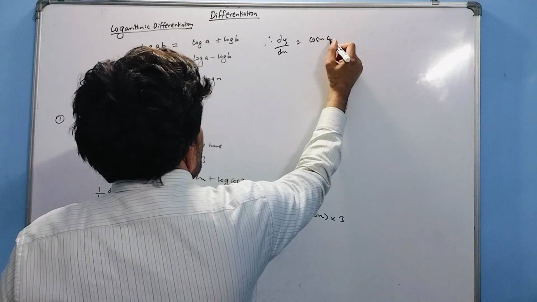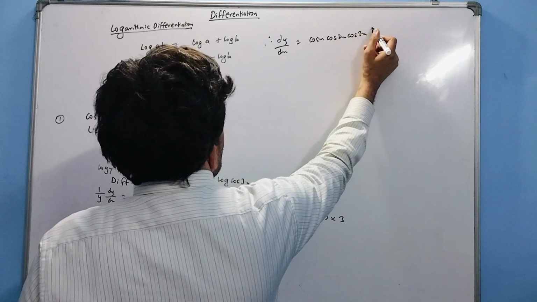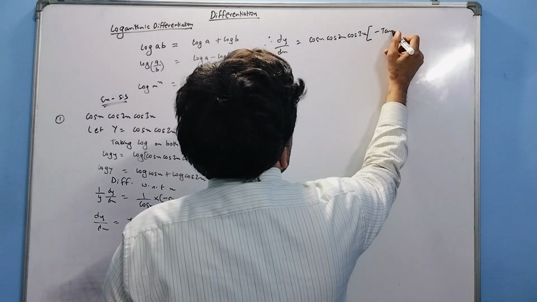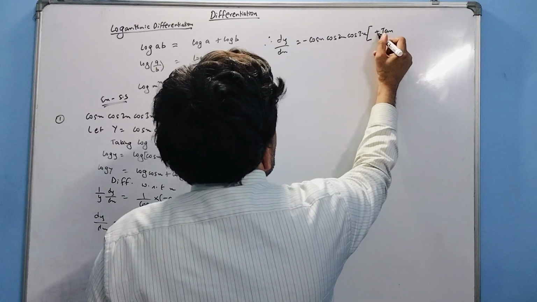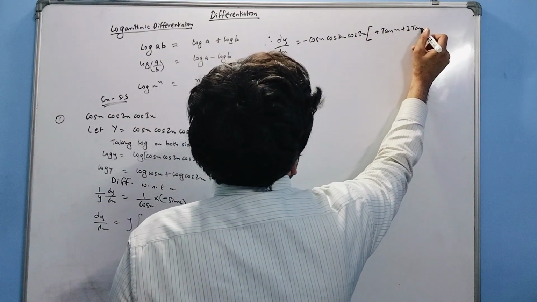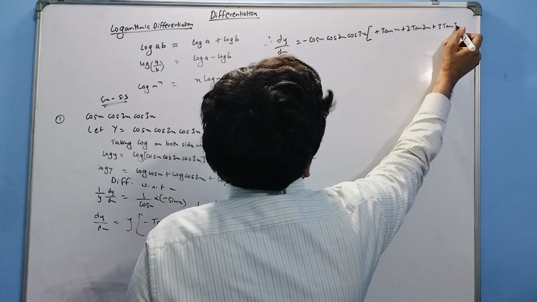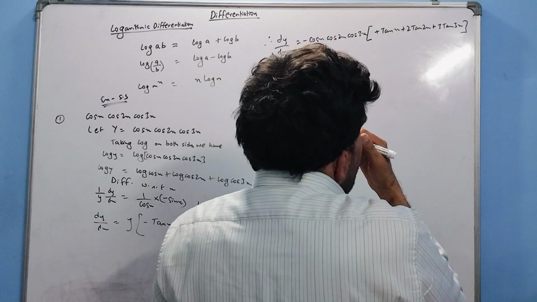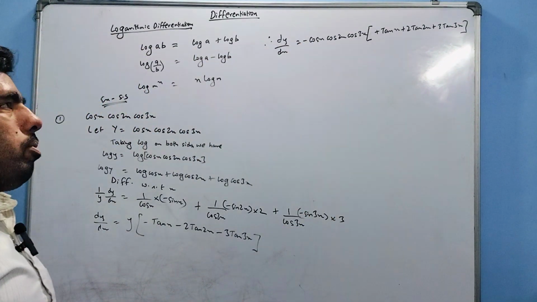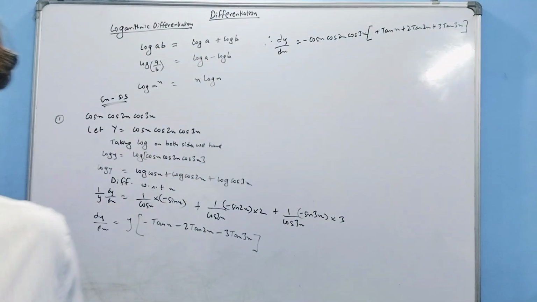Cos x, cos 2x, cos 3x, into minus, we can take minus sign common, tan x plus 2 tan 2x plus 3 tan 3x. Okay, so that is how we are able to differentiate a function using logarithmic differentiation, using log.